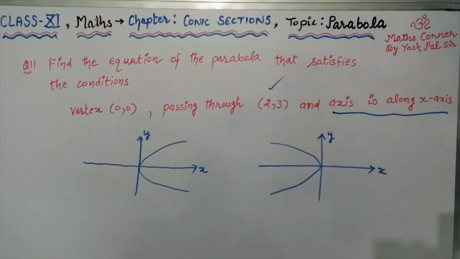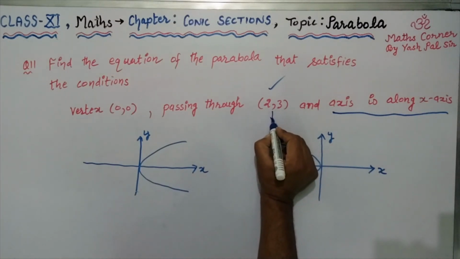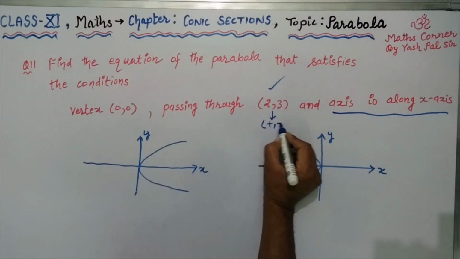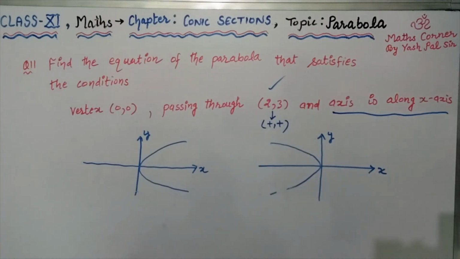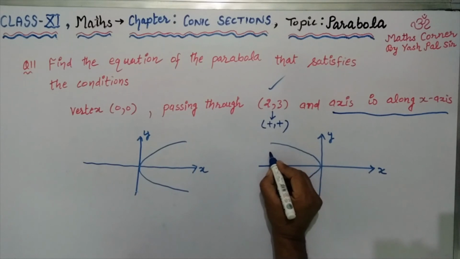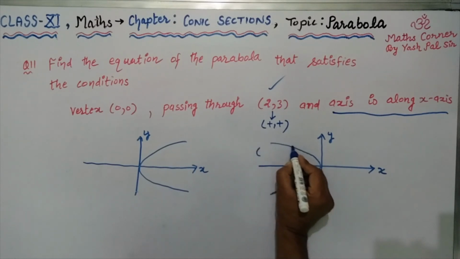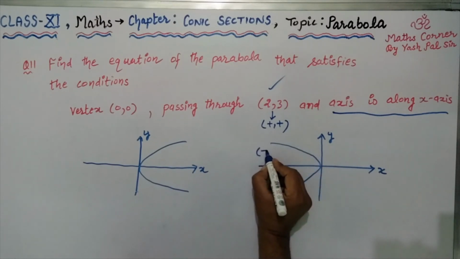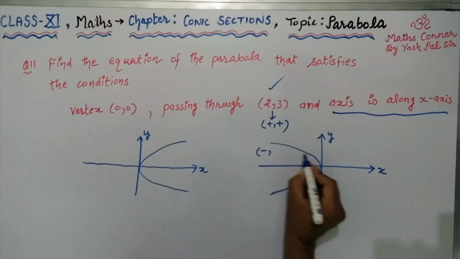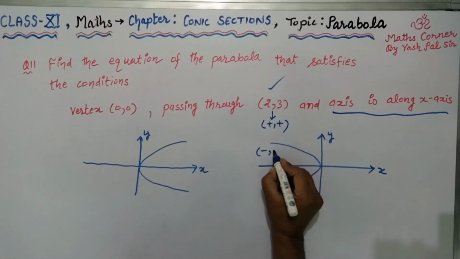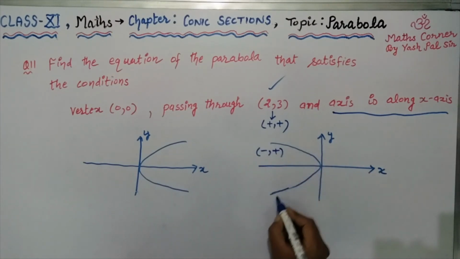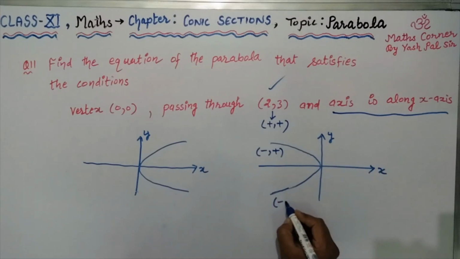Now one thing more, it is given that this passes through (2, 3). So (2, 3) means plus, plus. In the second quadrant we have x negative, y positive.